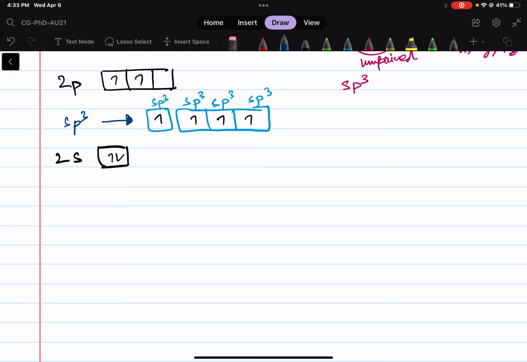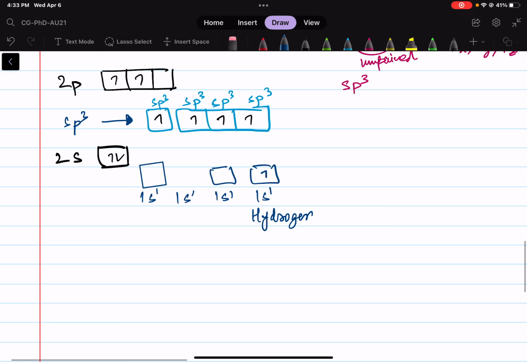Now these sp3, each one of them can combine with hydrogen. If you remember, hydrogen was nothing but 1s1, right? So it had 1 electron. So if you have 4 hydrogens, each of these can combine with an sp3 orbital in carbon, forming sigma bonds.